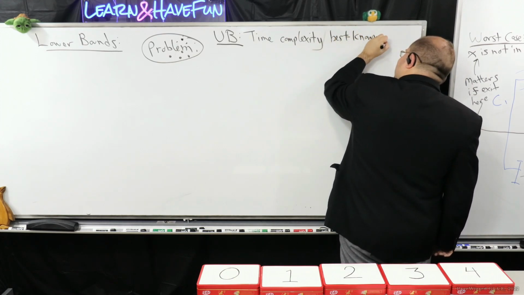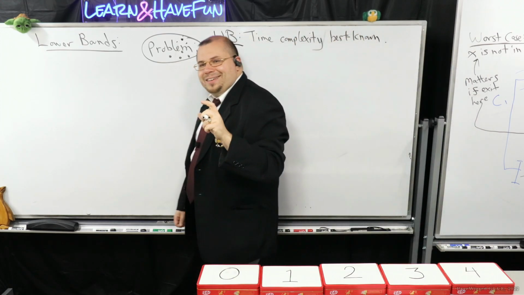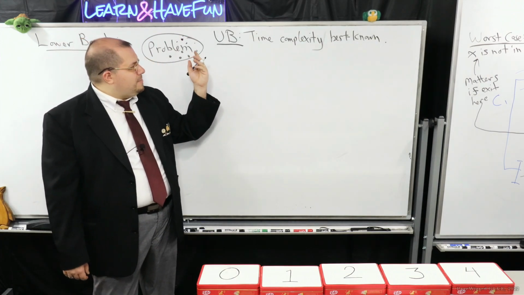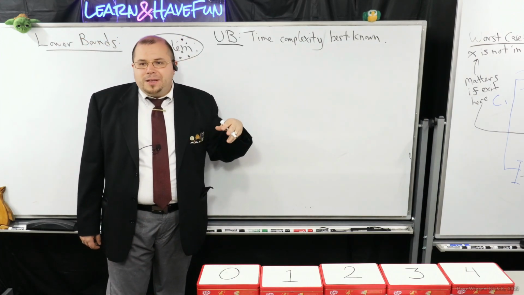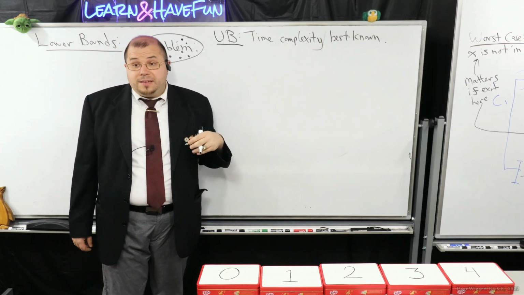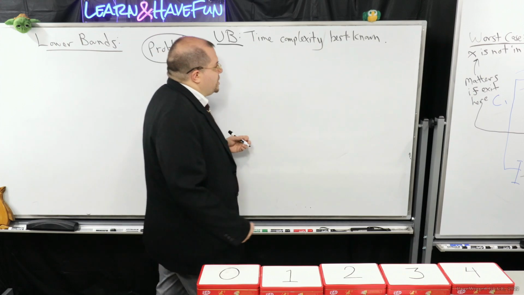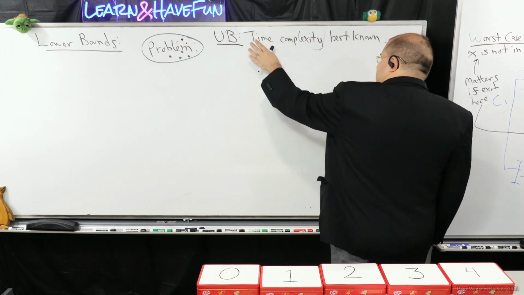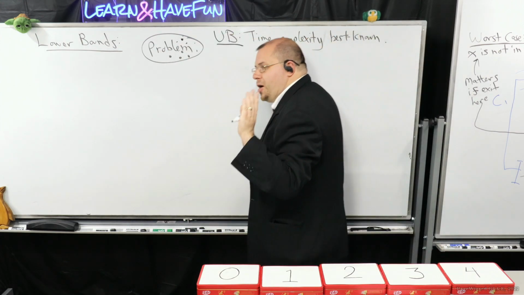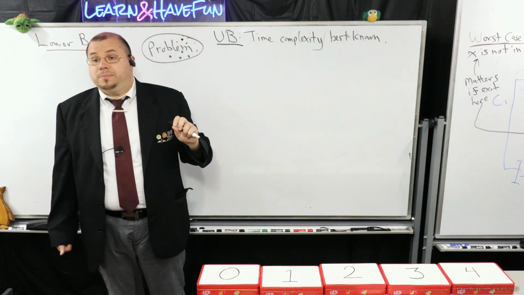So this is some algorithm that we have. For example, if I consider our search problem, this is linear search. In fact, it is in this case. So linear search in our example with the search problem provides us an upper bound on how efficiently we can solve this problem.